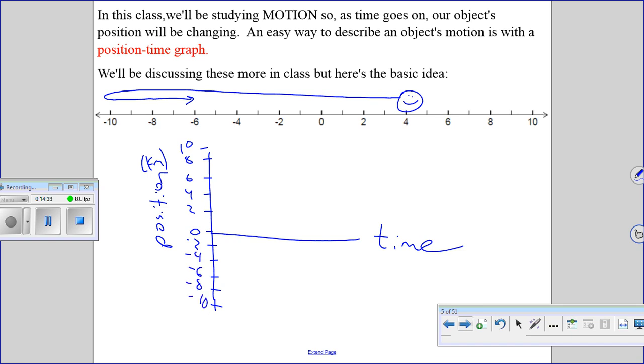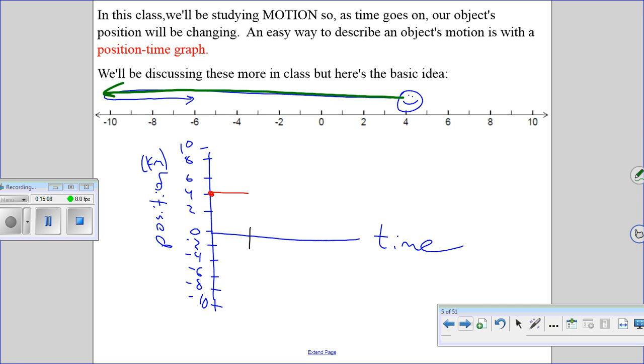In this particular example, our dude started at a position of 4. Maybe he was hanging out there. Maybe he was at the store making bagels for a little while. Then at some time, he began moving in a negative direction, right? He moved to the left until he got to a position of -10.